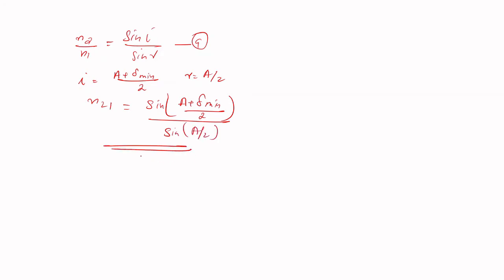So this is how we get the refractive index formula of the second medium with respect to first, where A is the angle of the prism, and delta minimum is the angle of minimum deviation.